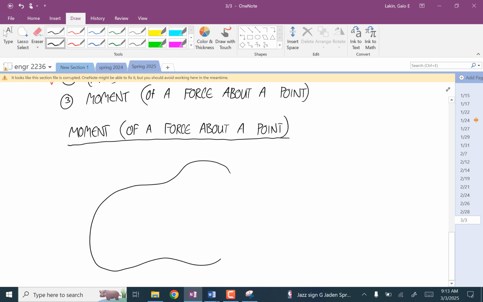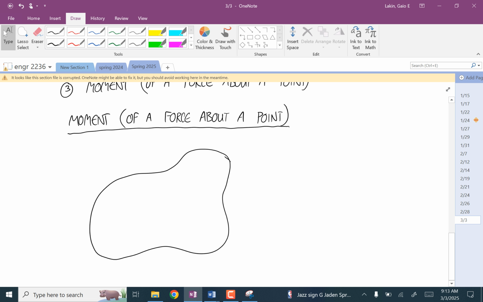Okay, so let's say that this is some random object, and there are two relevant things here. There is this point A, that's your about point, and there's this point P where a force is applied. This is some unknown force vector F, applied at the location P. The first thing we have to define is this rho vector.